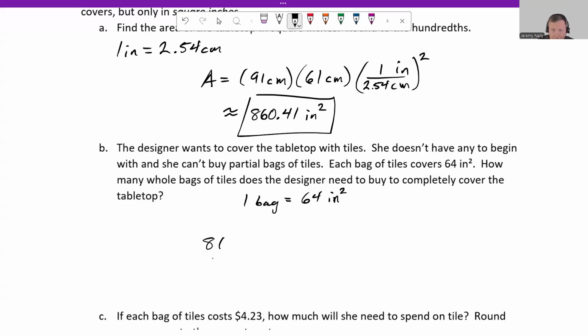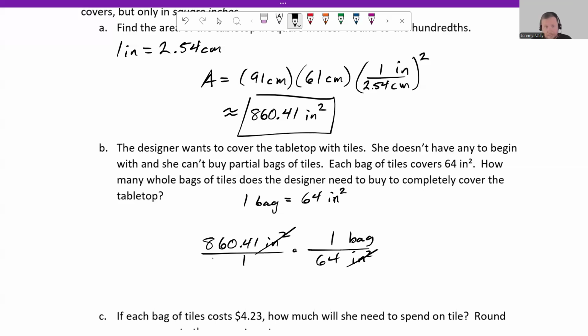So if I am starting with 860.41 square inches, well, I can cancel out that and go to bags. So one bag is 64. So now the inches squared just completely cancel out. And keep in mind, that square was just on the unit. There's no squaring operation in this particular conversion like there was in the last one, where I squared the conversion factor.